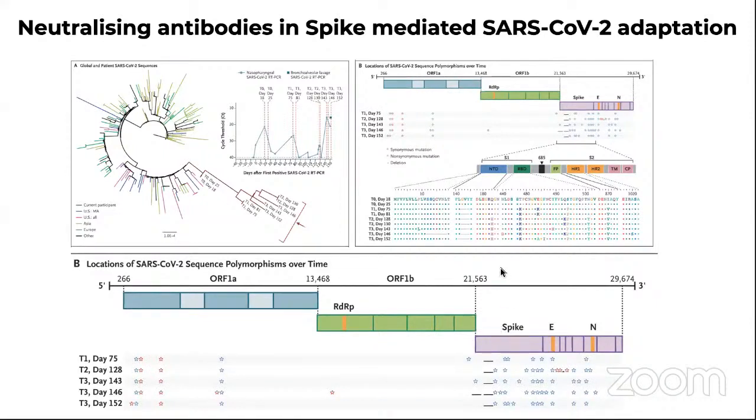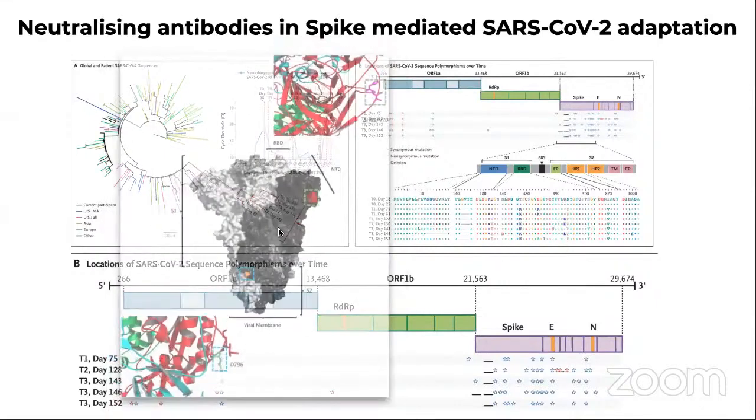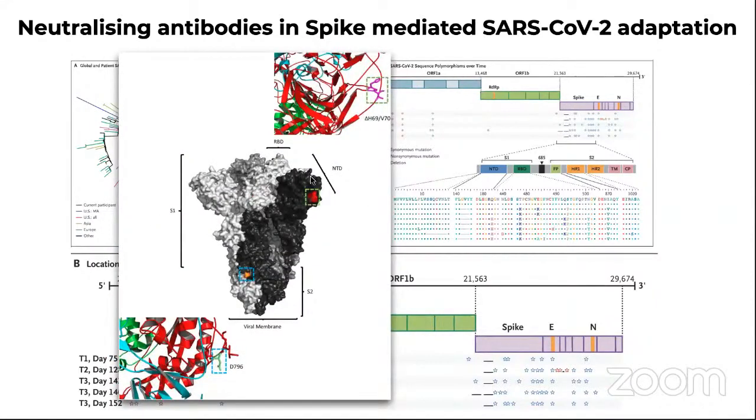And so one of the studies wanted to see again what is the structural component of these mutated regions. And what they discovered is that one of them is directly related to resistance to antibodies, because they examined a published spike structure and annotated it with the residues.